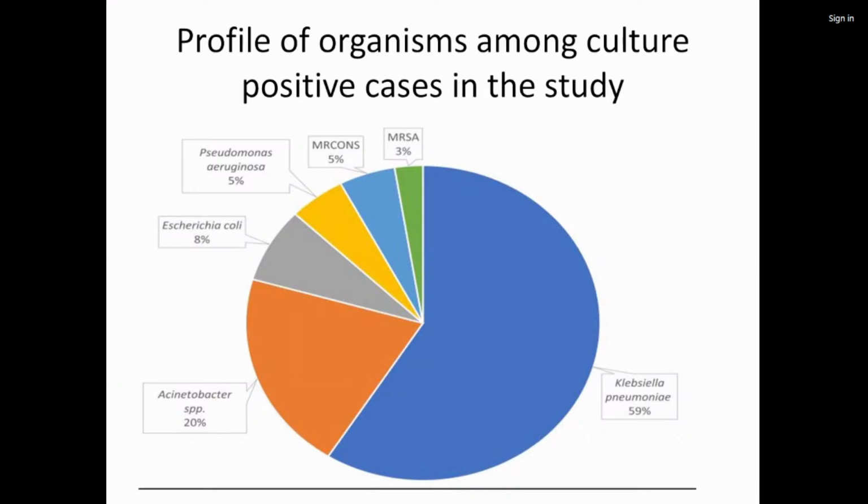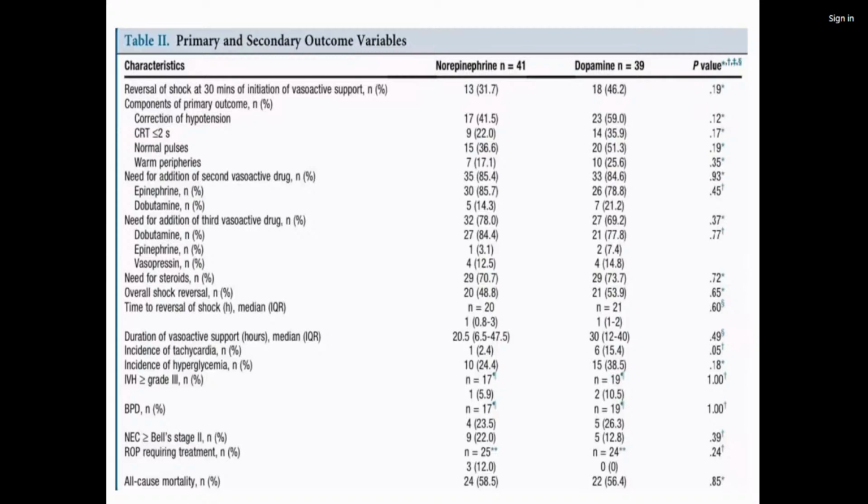Okay, so the primary and secondary outcomes from the RCT. This table compares norepinephrine and dopamine as first-line vasoactive agents in neonatal fluid refractory septic shock. The primary outcome, as already said, was reversal of shock at 30 minutes of initiation of the vasoactive agent.